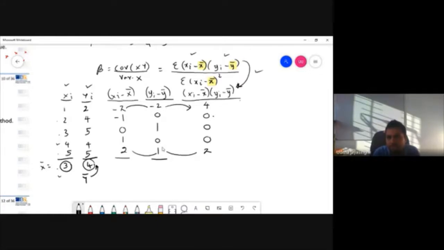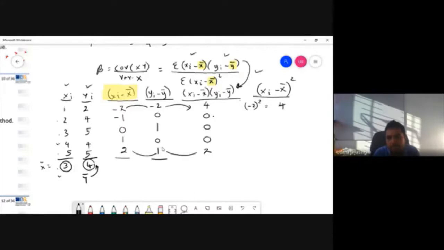So all I'm left with is to take xi minus x bar and square it to calculate the bottom part of the equation. So far I have this highlighted area computed, that is xi minus x bar. So all I have left to do is calculate the xi minus x bar squares. I'm taking negative 2 to the square as positive 4.